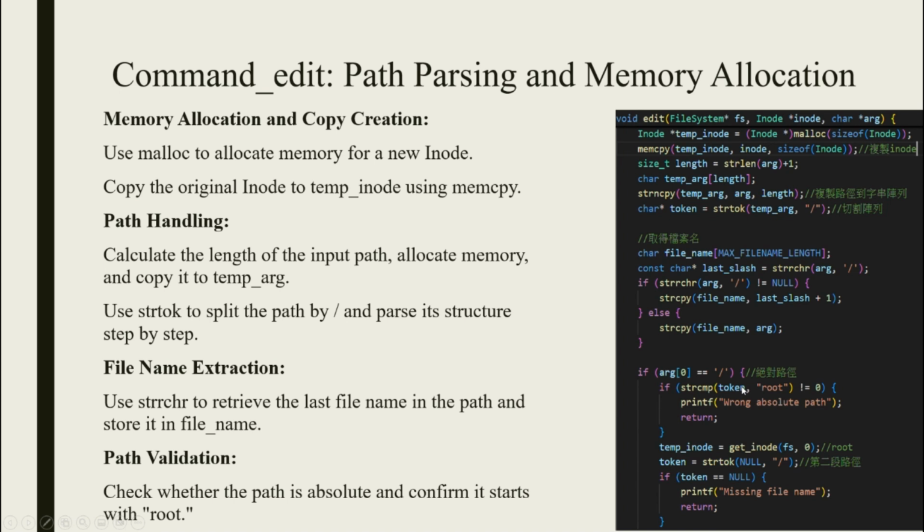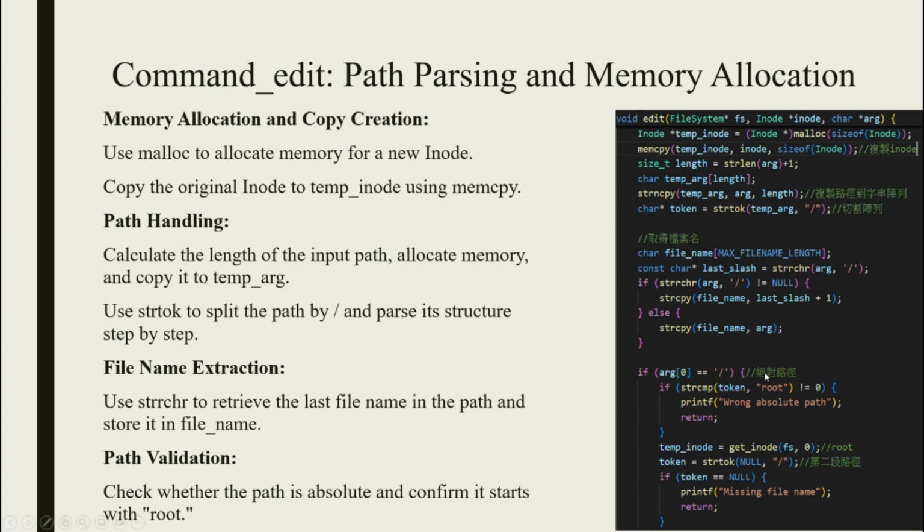Next, the first character of the path is checked to see if it is a slash, to determine whether the path is an absolute path. And the first part of the path is checked to ensure it is root, to confirm that an absolute path starts from the root directory.